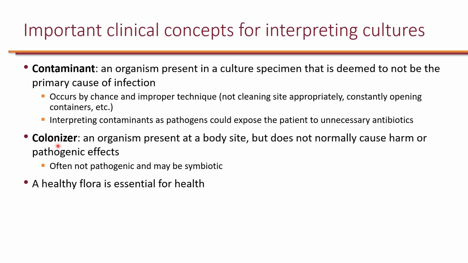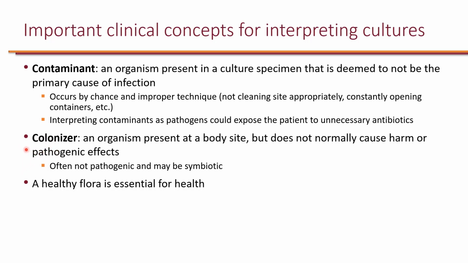And then the colonizer is, if you detect something in your sample and it's not a contaminant, it means it came from the source of the specimen, but perhaps it was not causing an infection. So a colonizer is essentially part of the flora, or if they didn't normally reside in the site as flora, but colonize it and it's not causing any problems. So that would be a colonizer.